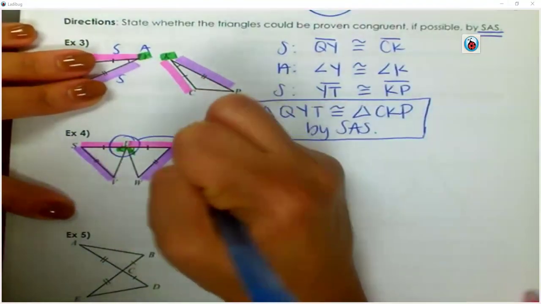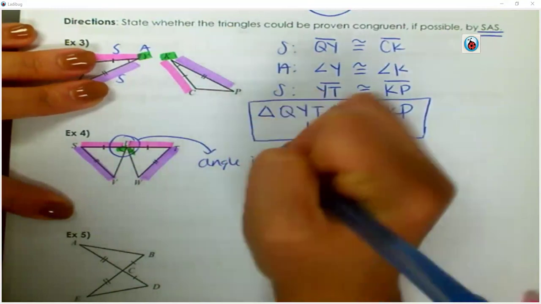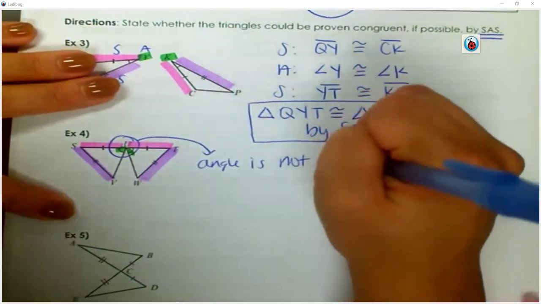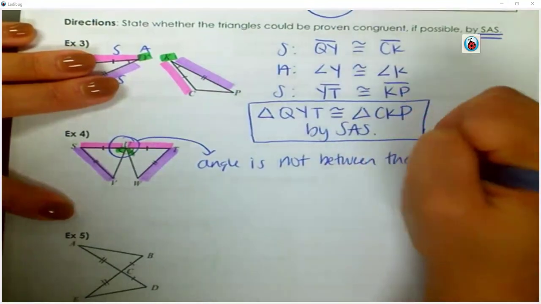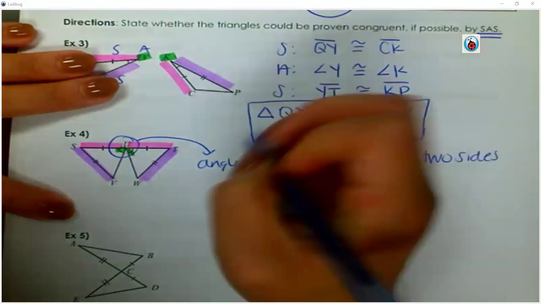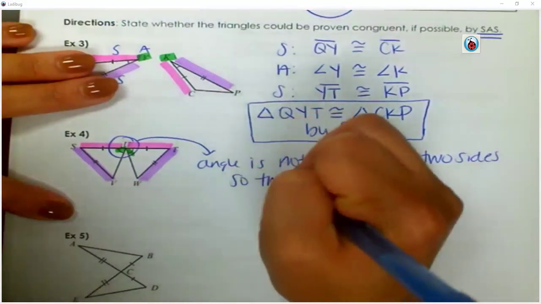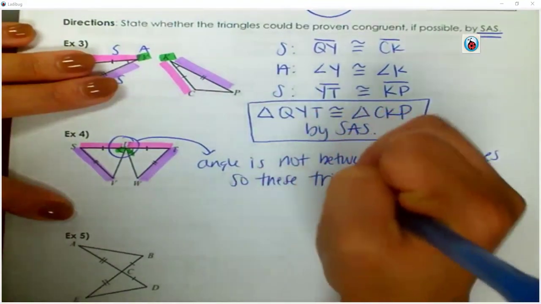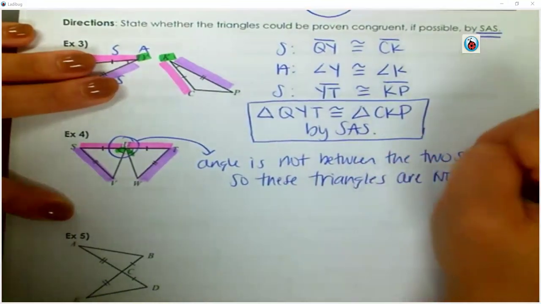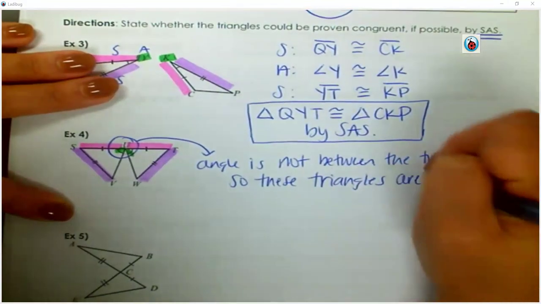So if you notice, the angle is not between the two sides. So these triangles are not congruent.